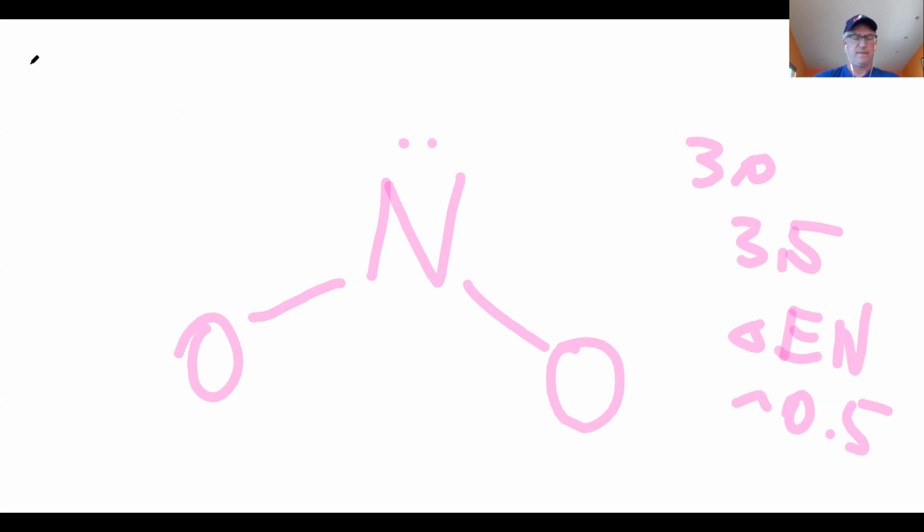So here's what the two dipoles look like. Let me change the color up. The two dipoles would be running along these lines because that's where the bonds are. Now, which end gets the arrow?